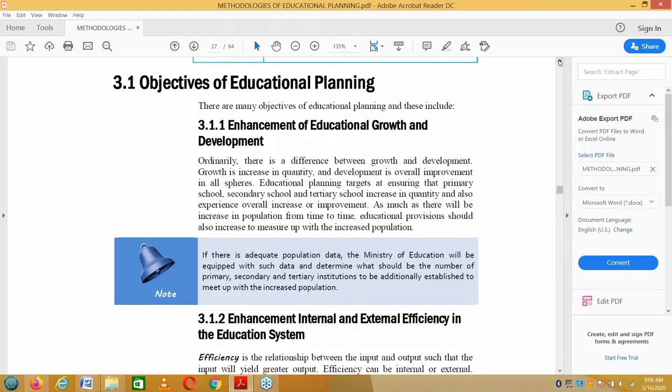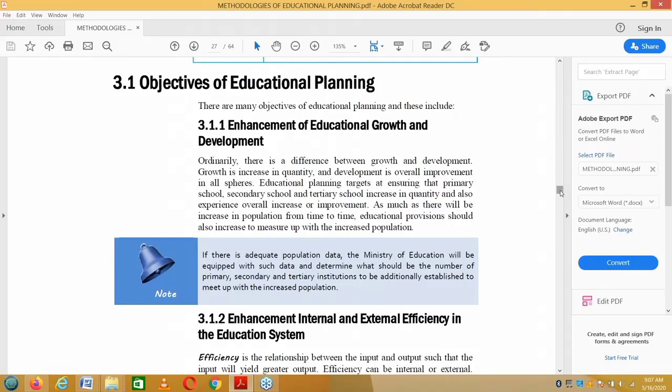Now, enhancement of internal and external efficiency in the educational system. One of the objectives is to enhance educational growth and development. As the population is increasing, as individuals and people are coming into the educational system, the educational system should enhance growth and also development.